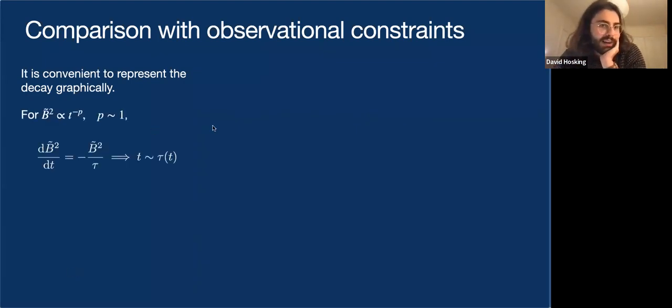And so a nice way to do this, and is the conventional way, although I'm not sure this is the conventional justification, but this is how I like to justify it, is to note that well, if b squared decays like a power law in time, t to the minus p, with p being just some number of order unity, then d b squared by dt, well, this should perhaps be a scaling sign, is minus b squared over tau.